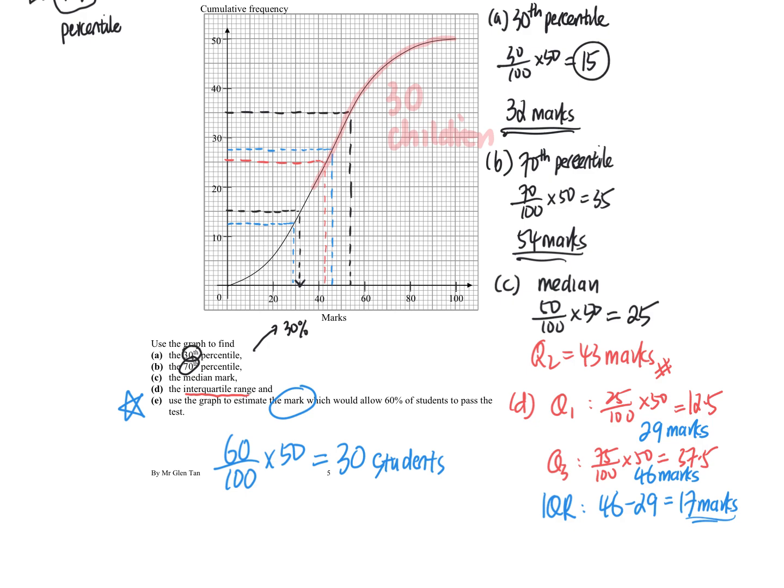So what is the passing mark I need to have? If I read carefully, I need the passing mark to be 38 marks. Because this will only make sure that 20 of them will fail the test. Because these 20 children will score 38 marks or less, I need the passing mark to be more than 38 marks.